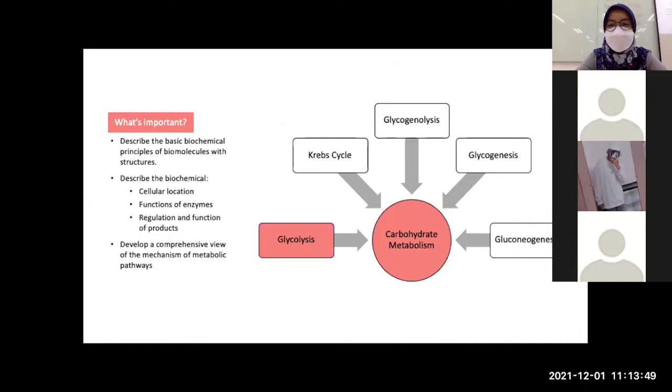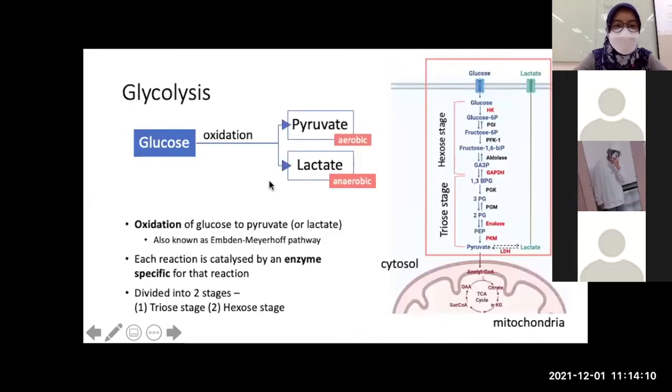Okay, so let's start with glycolysis. What does that give you an idea of? Yes, glyco is the glucose part, lysis is the breakdown. So in glycolysis, in short, from glucose we are trying to turn them into pyruvate.